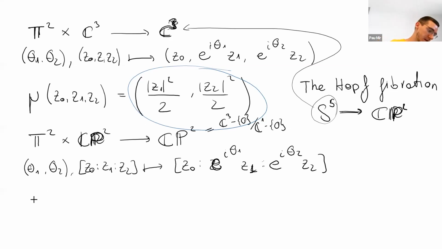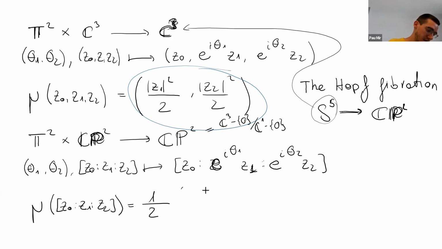What you obtain here for the moment map is essentially the same, but normalized by this factor, which would be like this constant sphere here in S5, or if you think of it embedded in C3. So it's the same moment map, but divided by the modulus of Z0 squared plus Z1 squared plus Z2 squared.